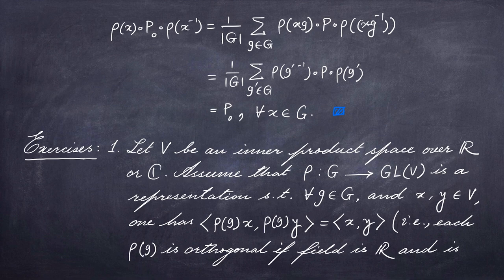I would like to give another proof of the same theorem, but for a restrictive case, that is, if the field is C and the dimension of V is finite. In this situation, I would like to give you another proof of this theorem.